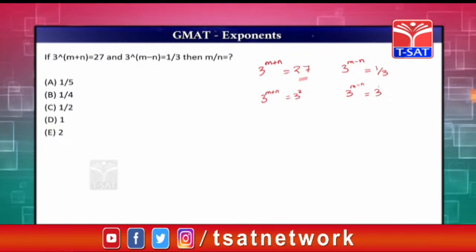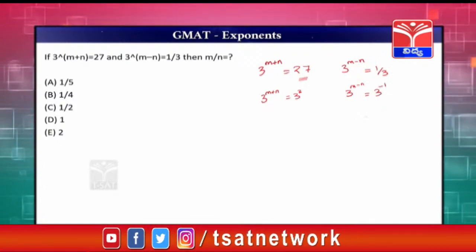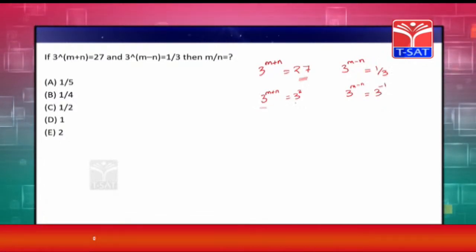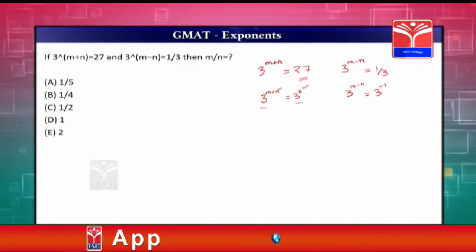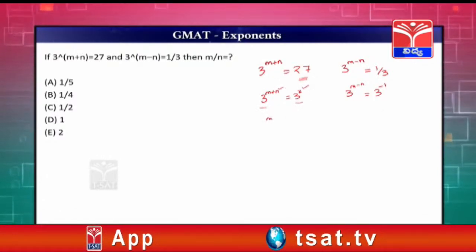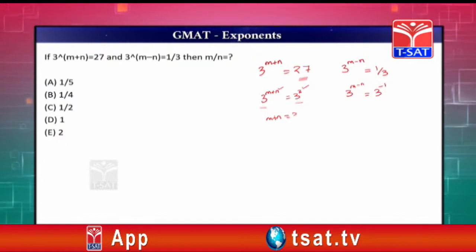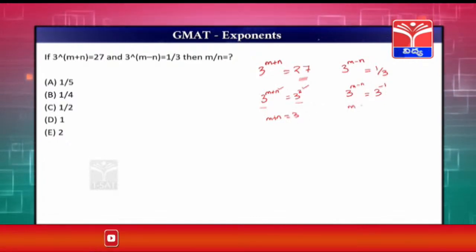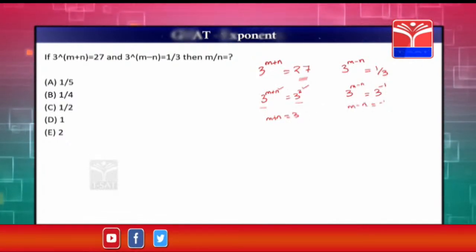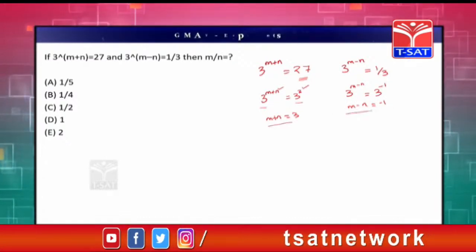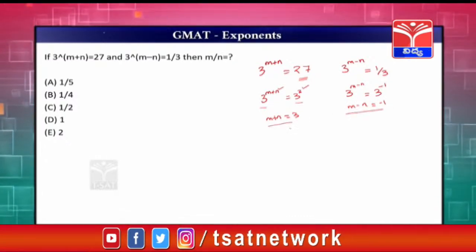When you are writing 3 to the power of m minus n, 1 by 3 is nothing but 3 to the power of minus 1. So, when the bases are the same, we know we can equate the exponents. So, here m plus n is equal to 3, and from this we get m minus n is equal to minus 1. We have two equations and two unknowns.